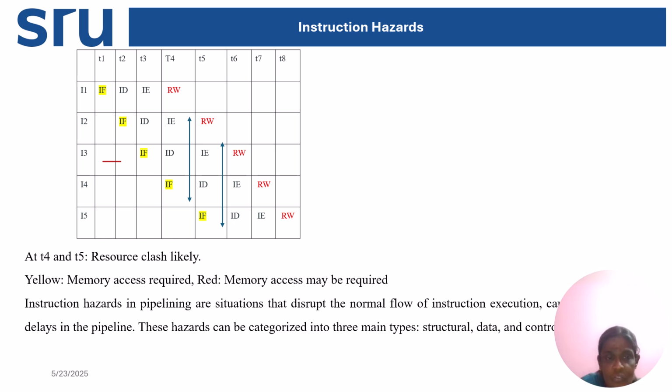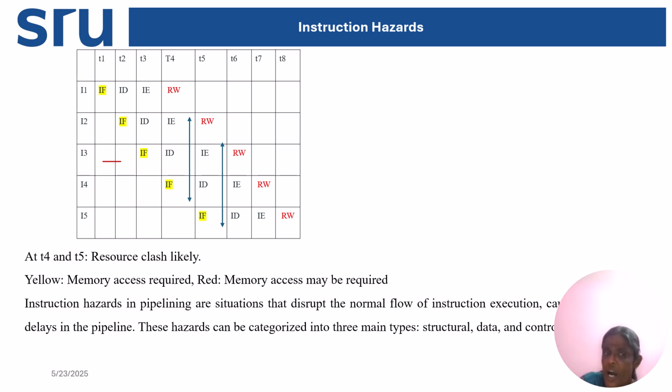Within the instruction, if clashes occur, we assume that memory access is required. We assume that memory access may or may not be required because of the data. So to fetch the data from memory, it will take time. It will take time means clock cycles will be wasted. It should be like this only: RW, IE means IE only.